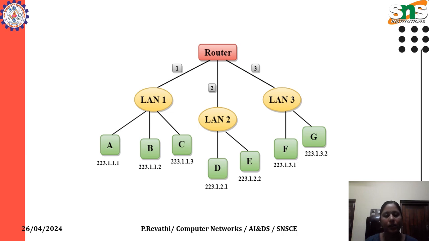All the interfaces attached to the LAN 1 have an IP address in the form of 223.1.1.xx, and the interfaces attached to the LAN 2 and LAN 3 have an IP address in the form of 223.1.2.xx and 223.1.3.xx respectively. Each IP address consists of two parts. The first part specifies the network and second part specifies the host in the network.